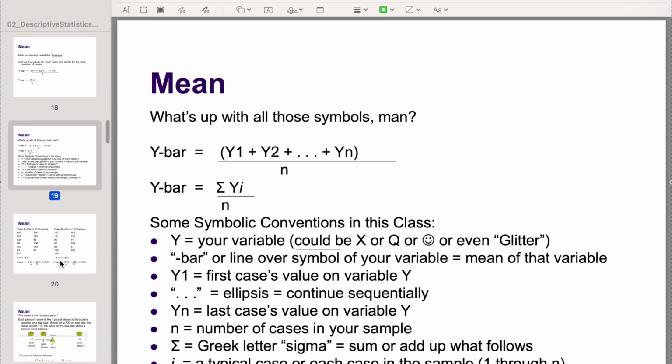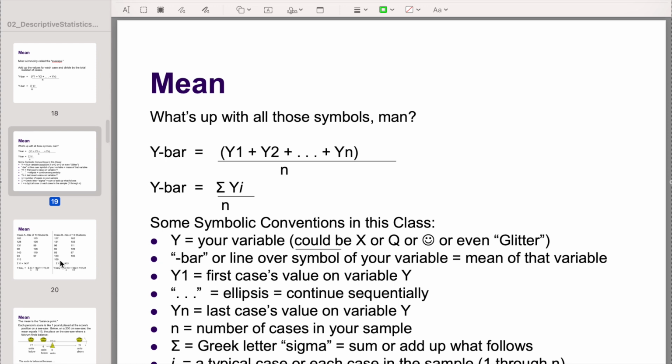The variable, I said numbers, they could be numbers, it could be x, q, or it can be a symbol like the smiley face, or it can be anything, it can be an object.